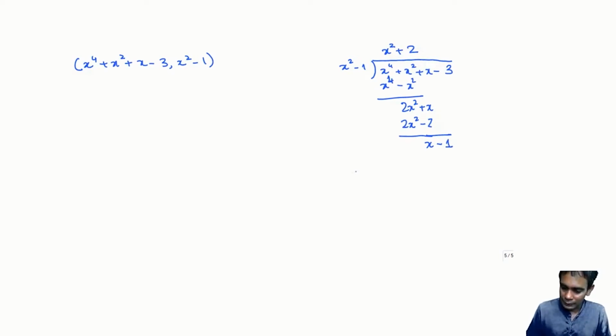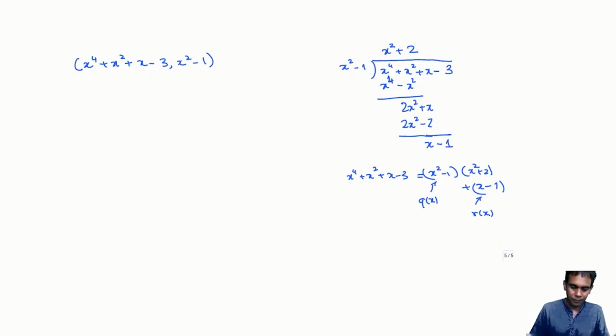So what we get is x^4 + x^2 + x - 3 is (x^2 - 1) times (x^2 + 2) plus (x - 1). So this is q(x) and this is r(x).